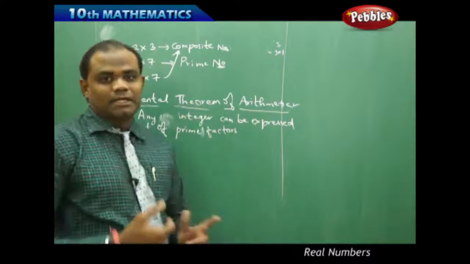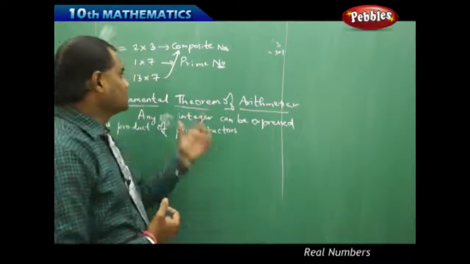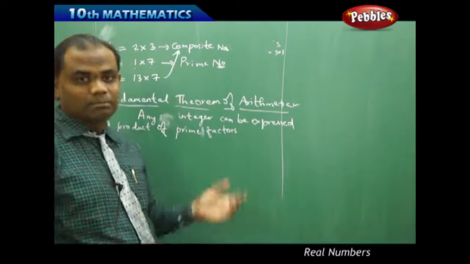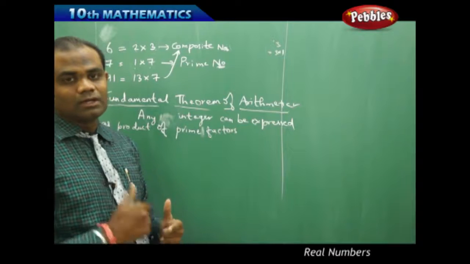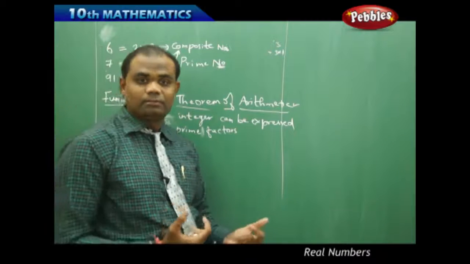So this is the theorem which has come after studying prime and composite numbers. So let's complete the statement and discuss how this statement holds for different numbers.